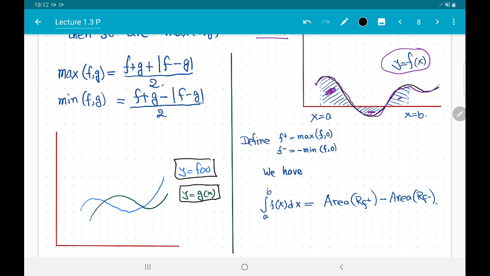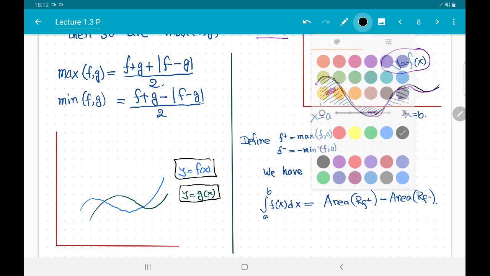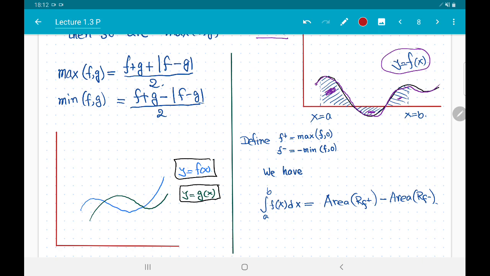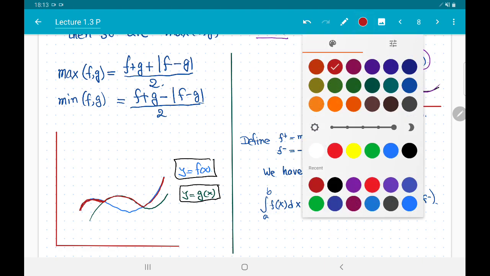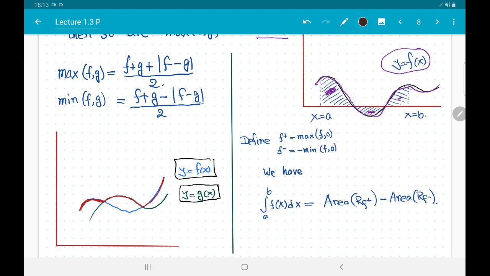Then what is the maximum of these two functions? Pictorially, at every point we compare what is bigger, f(x) or g(x). So we will get exactly this curve. And what is the minimum function? Let me draw it in black. The minimum function is going to be the rest of the part.